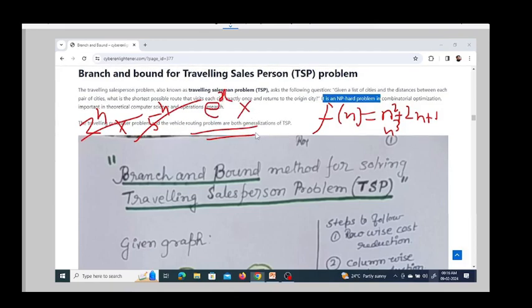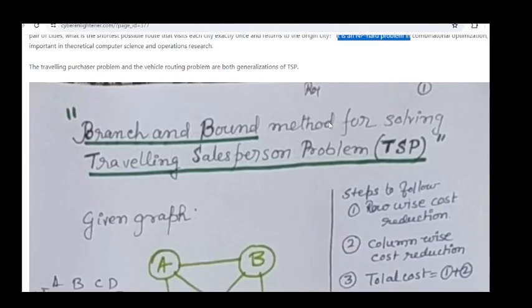So usually these problems are unsolvable, like the subset sum problem also. If you increase the number of entries in the set, you cannot get subsets. That is also unsolvable in polynomial time, but limited things we can sort out. Okay, so this is exponential. But anyway, branch and bound, how to solve this?